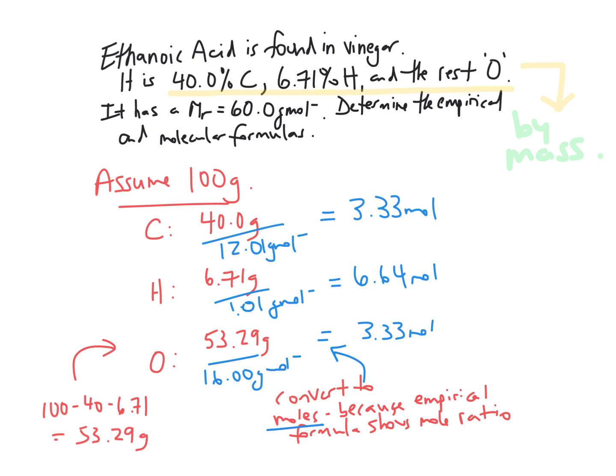Now the move is to divide each of those numbers of moles by the lowest number, and in doing that, you're going to be able to get the lowest whole number ratio. So we divide by the smallest, which is 3.33.